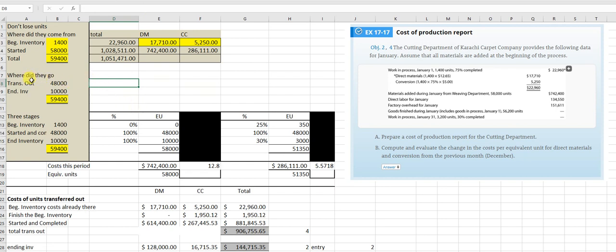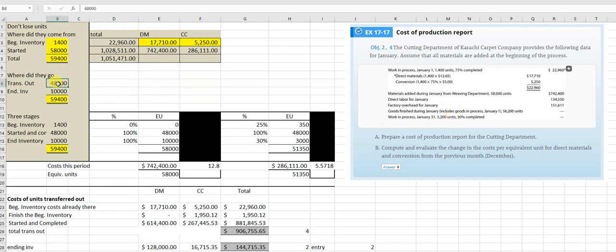Now I'm looking for either the amount transferred out or the amount in ending inventory, or both. It looks like goods finished includes goods in process January 1st, 56,200, and 3,200 were completed. So it looks like they actually give me both of them.